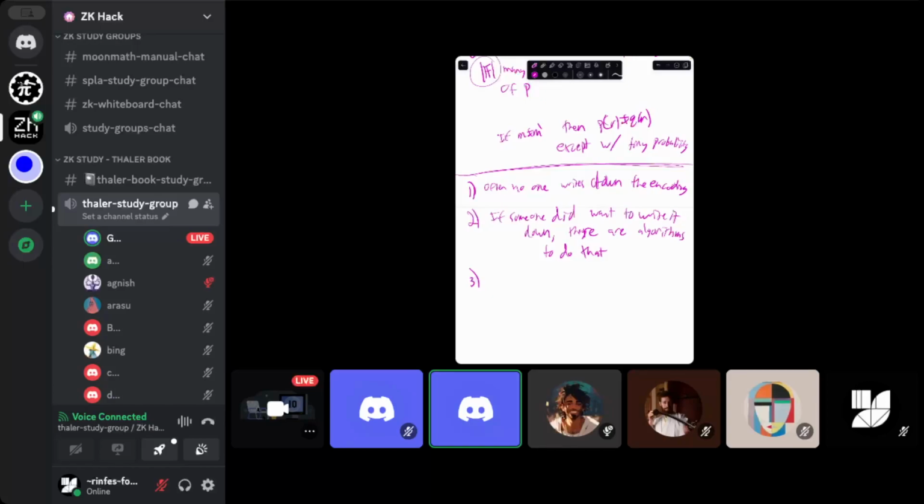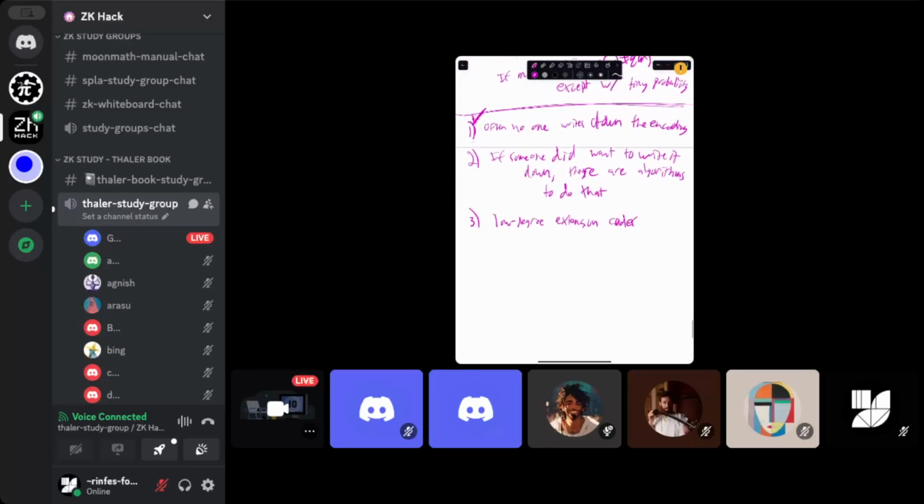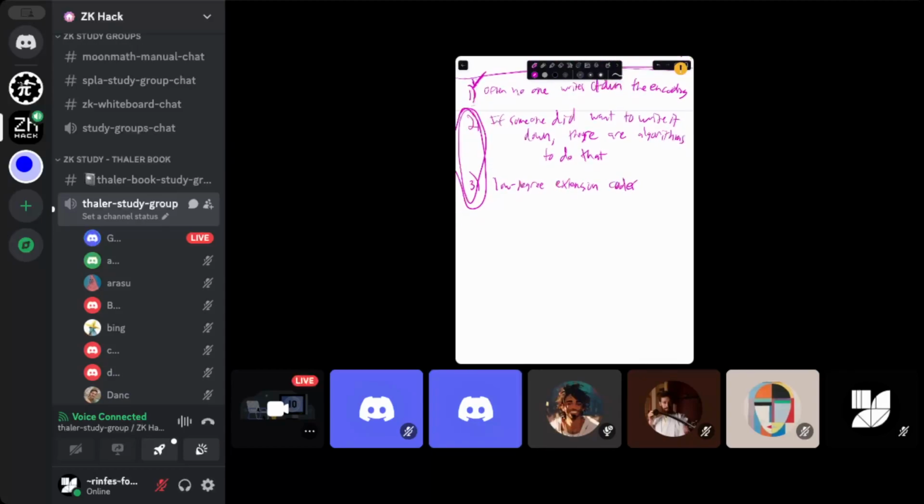The last thing I wanted to do was briefly talk about low degree extension codes. I am at the very limit of my time here, so let me get through this quickly. These two points are related, so let me discuss them together.